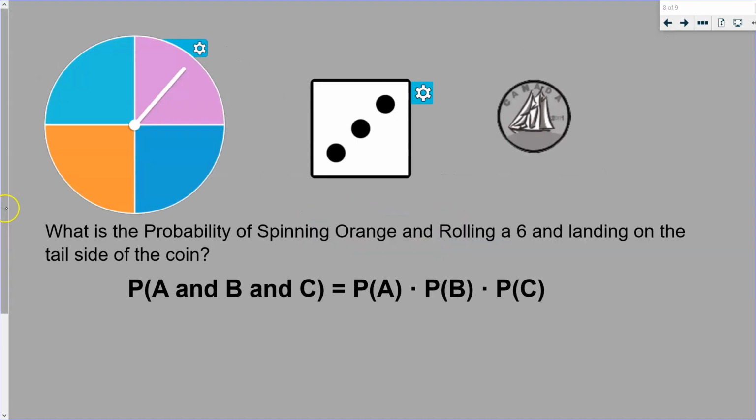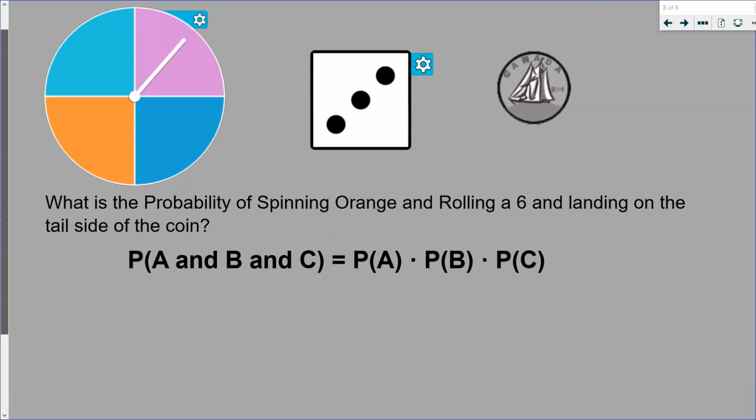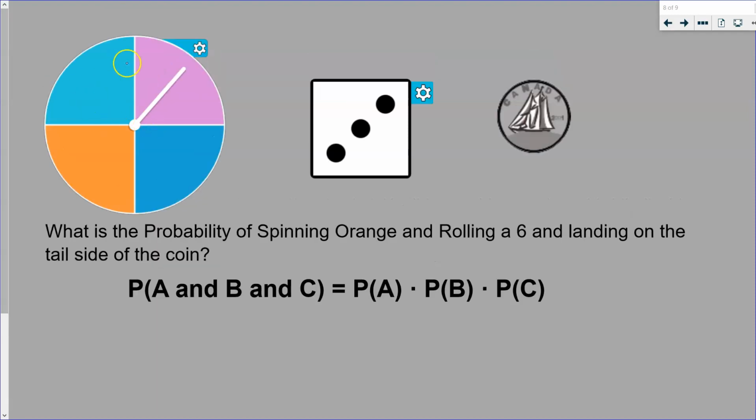And I'll do one question like that, and it says, what's the probability of spinning orange, rolling 6, and landing on the tail side of the coin? Alright, so probability of spinning orange, there's 4 chances to do that right here. So, actually, let's do this first. This isn't a bad idea.